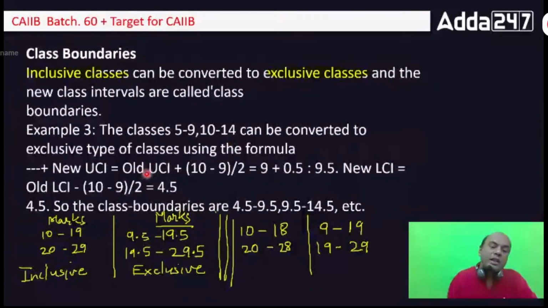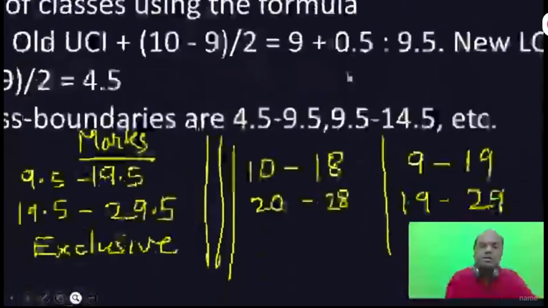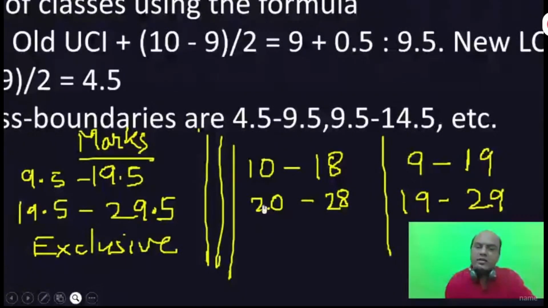Okay. Now I'll ask you one question. I am taking another group. Look at this group: 10, 18, 20, 28, 30, 38. So these are the groups. 10, 18, 20, 28. Now you tell me, is it an exclusive or inclusive group?